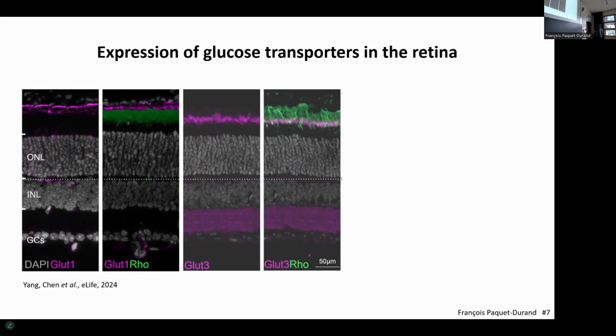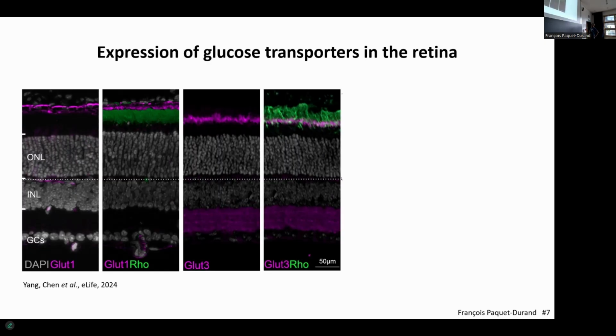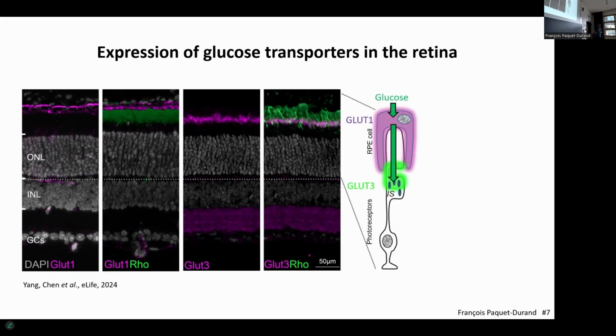Another glucose transporter that we have here is glucose transporter 3, and here too there's a co-labeling with rhodopsin. We see that glucose transporter 3 is expressed in the segments of photoreceptors. That's an interesting arrangement, because glucose transporter 1 is low affinity, whereas glucose transporter 3 is high affinity.